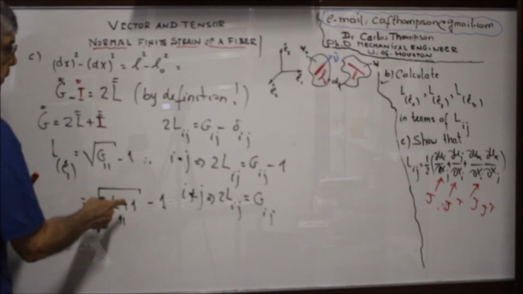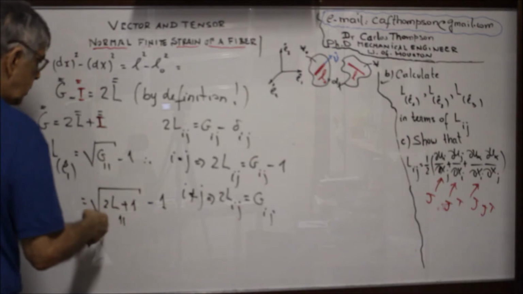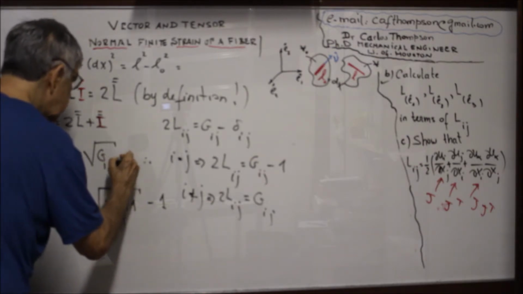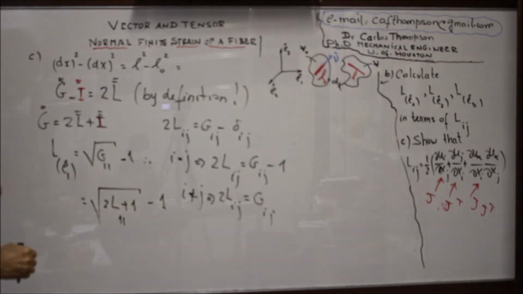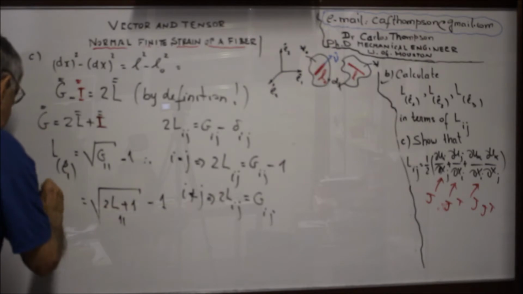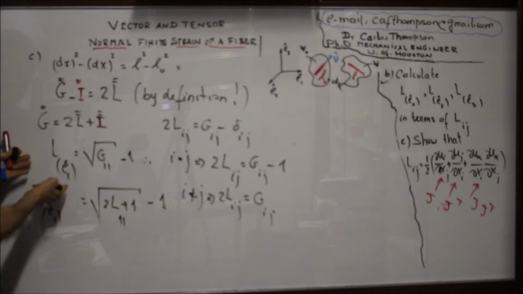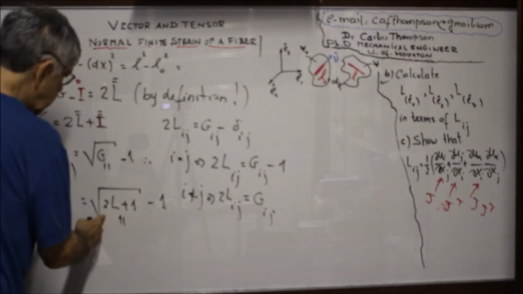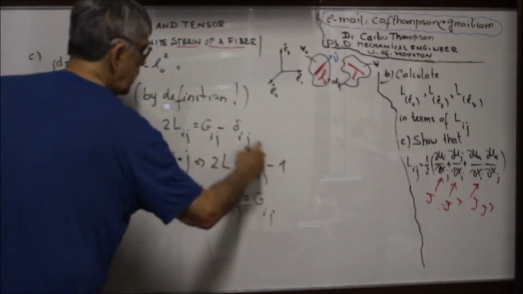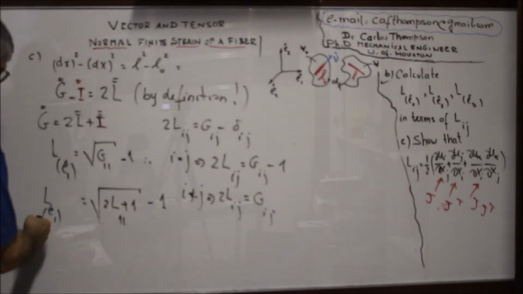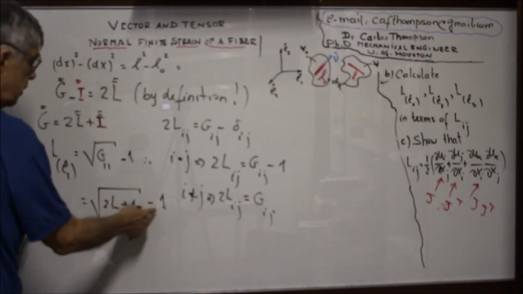So G11 is 2L11 plus 1. You see, this minus 1 here comes then out of this square root symbol over here. So this is L E1. Like, for instance, L E2 will be square root of 2L22 plus 1 minus 1. Because i equal to j, delta ij is 1. L E3 will be square root of 2L33 plus 1 minus 1.